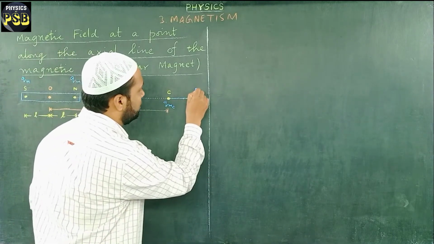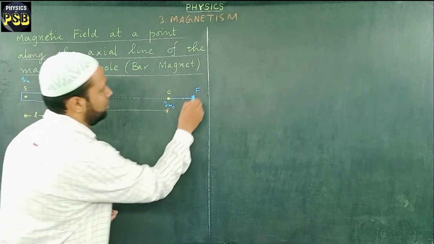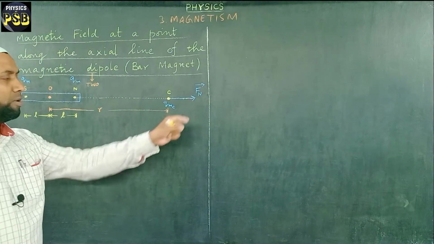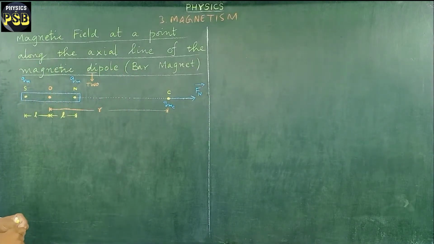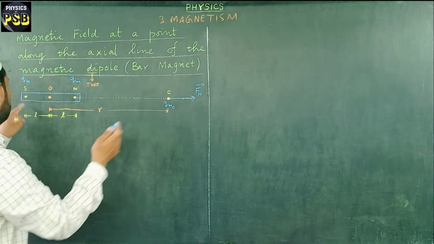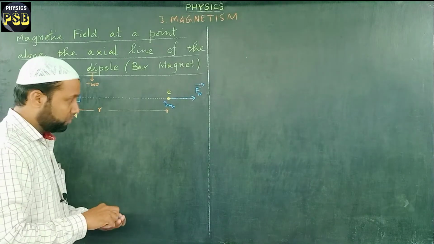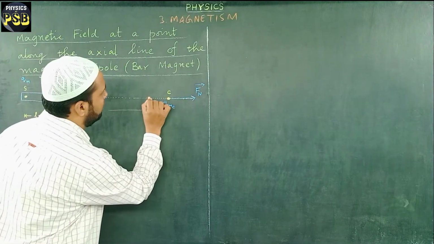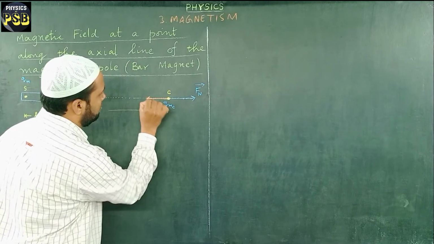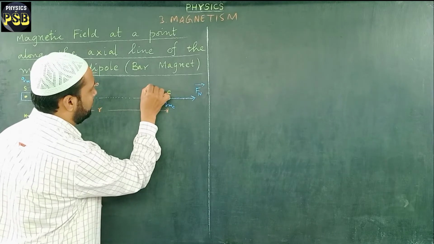I take this one as Fn vector. This force is Fn vector. It acts away from point C. And the force that exists between the south pole and the unit north pole, between different poles, is nothing but an attractive force, that is Fs vector.